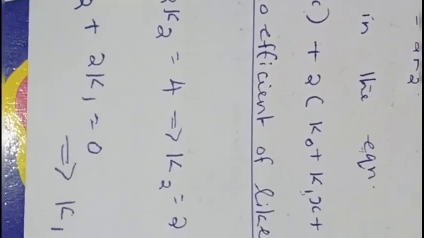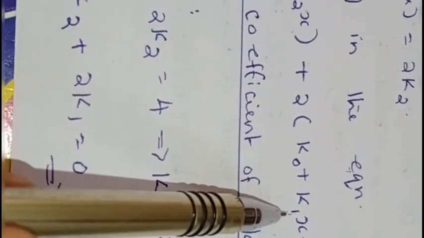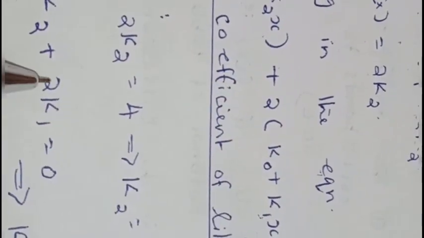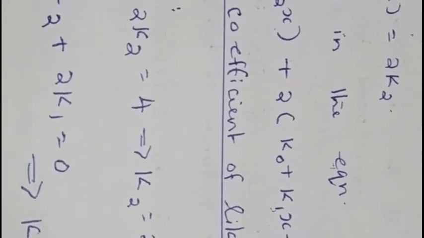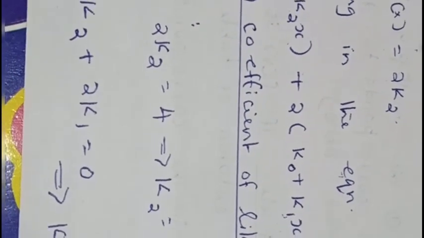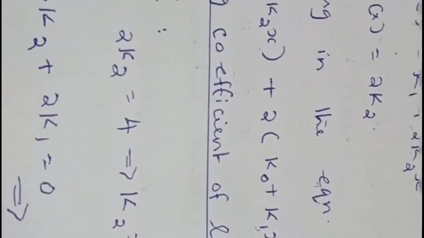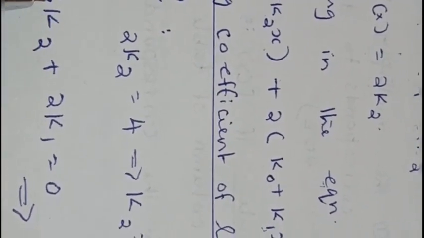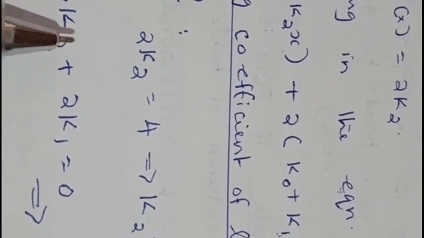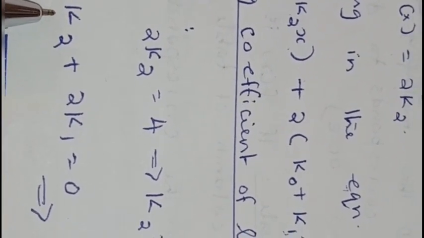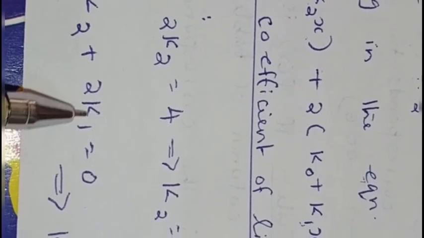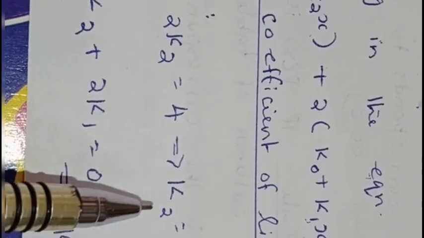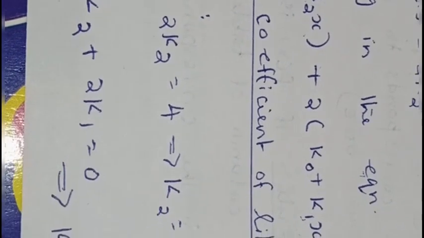Then we have a term containing x, that is 2k1. On the RHS we don't have any term containing x, therefore the RHS is 0. We already have k2 equal to 2, so on substituting k2 is equal to 2 and simplifying, k1 is equal to 6. So now we have obtained the values of k2 and k1.